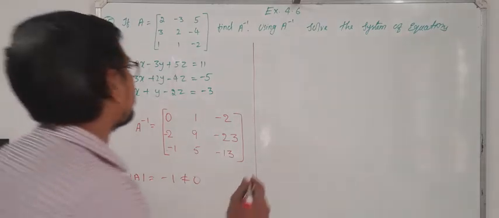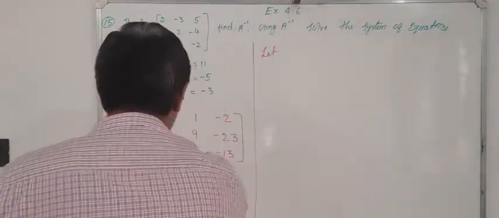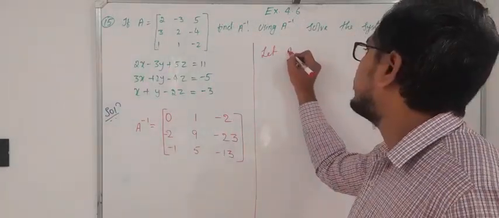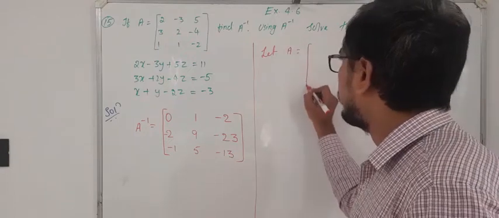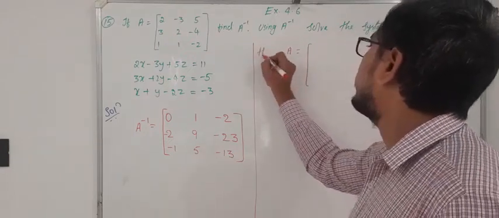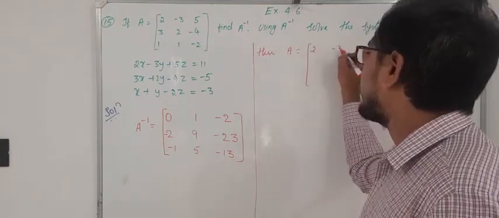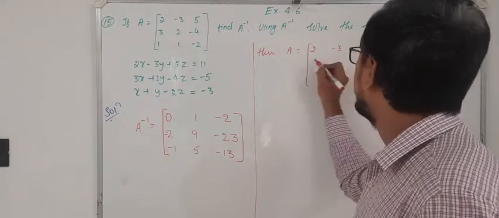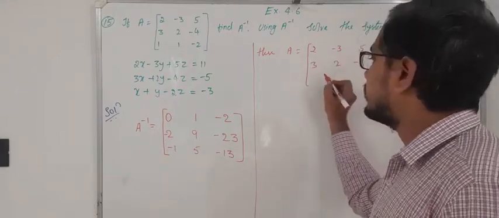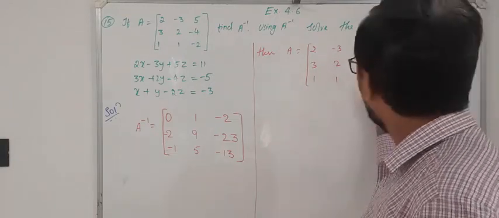Right? So we can write A is equal to 2, minus 3, 5, 3, 2, minus 4, 1, 1, minus 2.